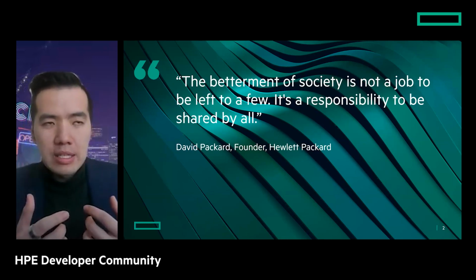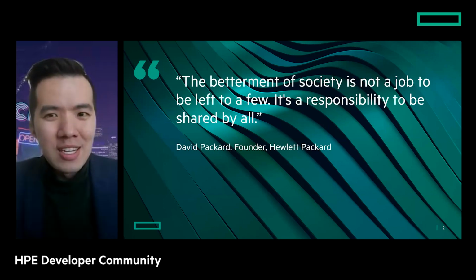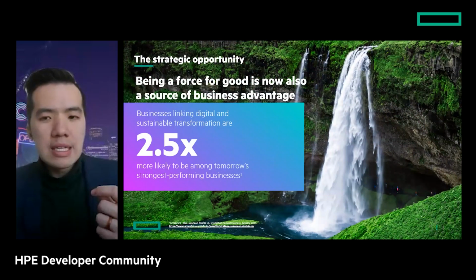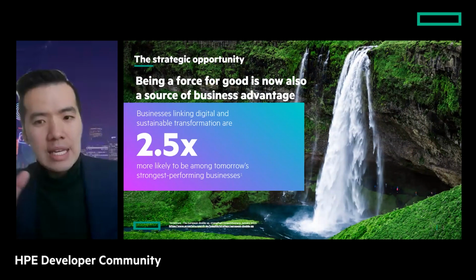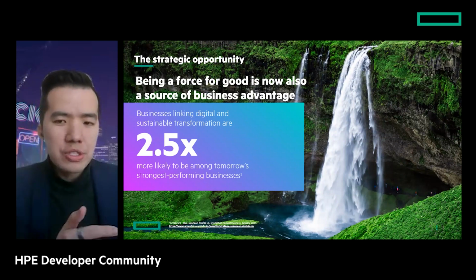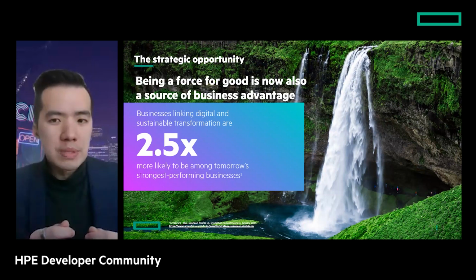Particularly in the environment that we find ourselves in today, there's an increasing recognition that sustainability is a force for good and can deliver business value. Particularly in our industry, corporate sustainability is increasingly woven into the fabric of businesses.